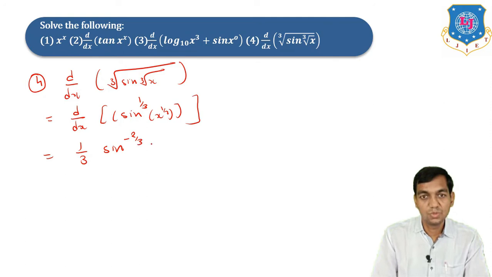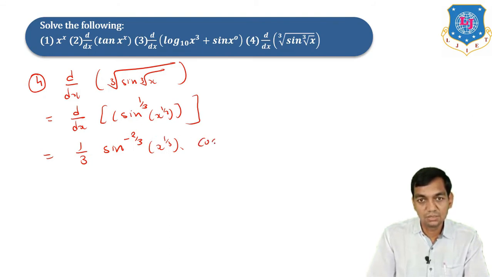Now differentiating, that will give you n into x raised to n minus 1, so 1 by 3 minus 1, that is minus 2 by 3, into sine x raised to 1 by 3, into, now sine has a derivative cos, so cos x raised to 1 by 3. Now the derivative of sine is completed, so now you have to go with the derivative of x raised to 1 by 3.